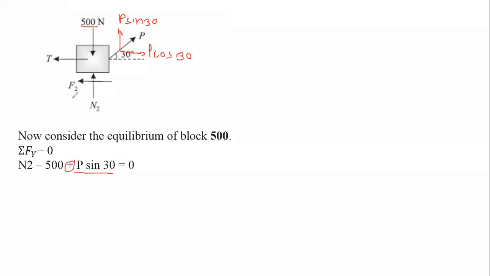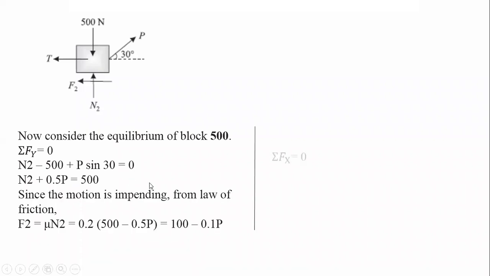The 500 Newton is going downward, that's why minus, and N2 is going vertically upward, that's why it is taken as plus. Now simplify the terms or keep it as it is. Your N2 plus P sin 30 minus 500 equals 0, and sin 30 is nothing but 1/2, that is 0.5 P, is equal to 500. This minus term taken to this side becomes a plus term. Now keep this value as it is.